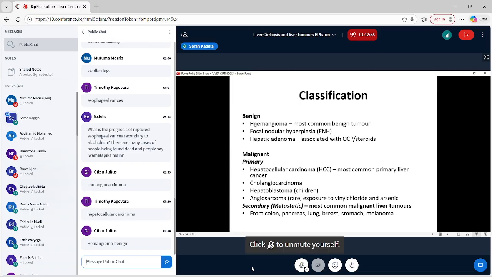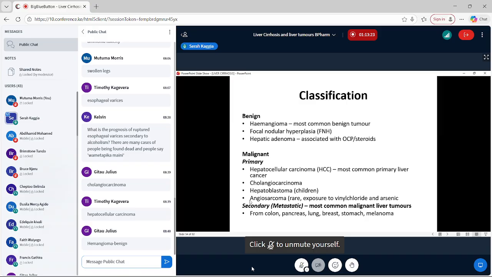So that's for benign. Then malignant, we have what you call the primary malignancies within the liver. Then we have metastatic, which is the most common. Okay. Then we have cholangiocarcinoma, hepatoblastoma in children. Then we have angiosarcoma. Okay.